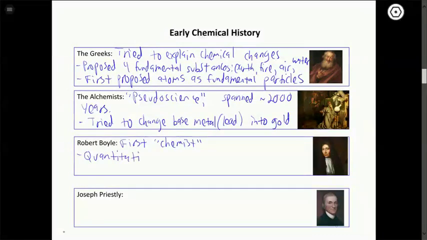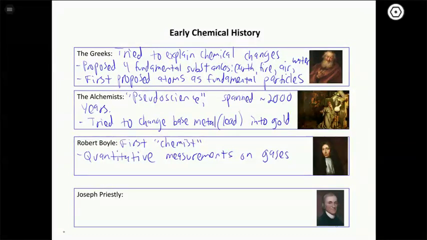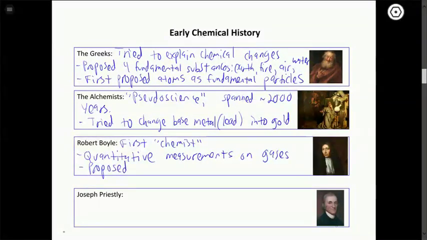We'll learn about Boyle's law later on in the course, about halfway through or so. He was the first person to study substances in a very systematic and very scientific way, so we credit him with being the first chemist. And he proposed the concept of elements as well, these fundamental substances that can't be broken down into any simpler substances.